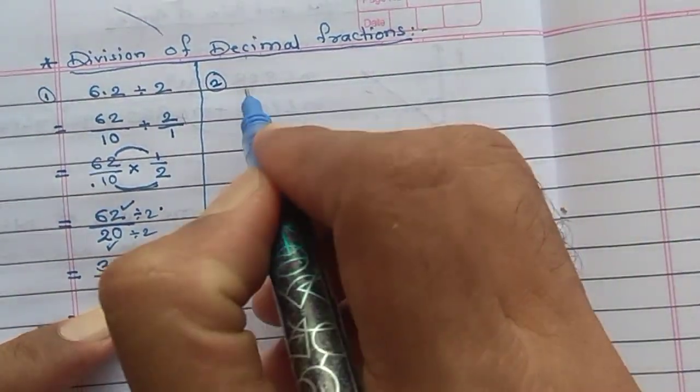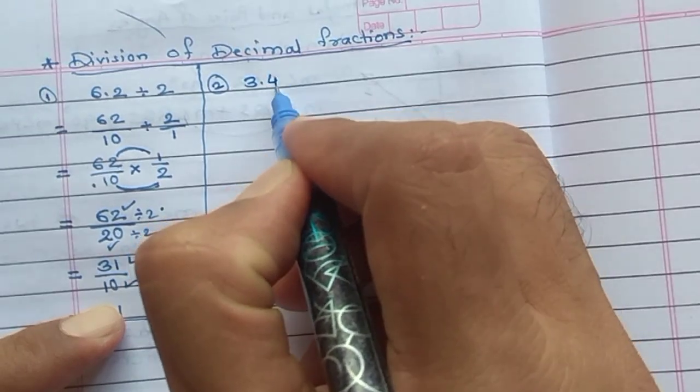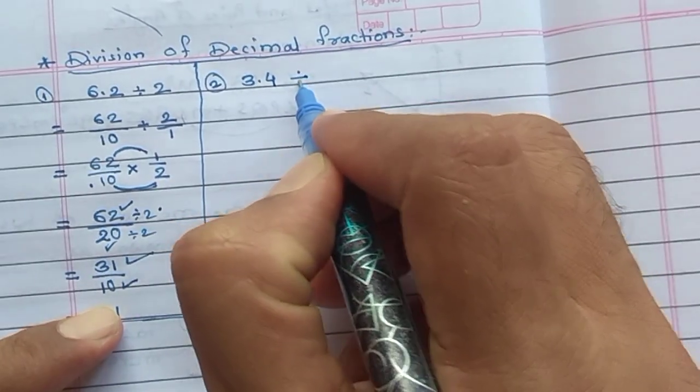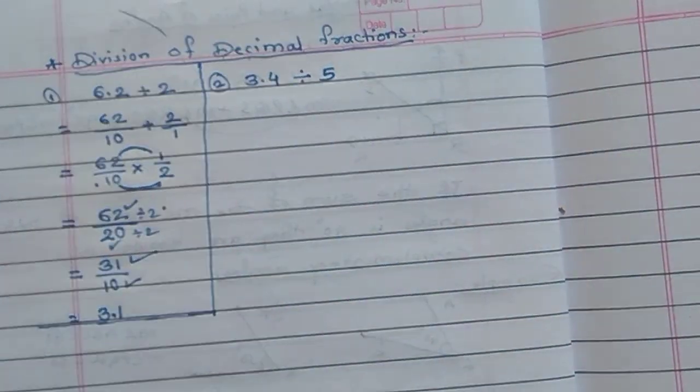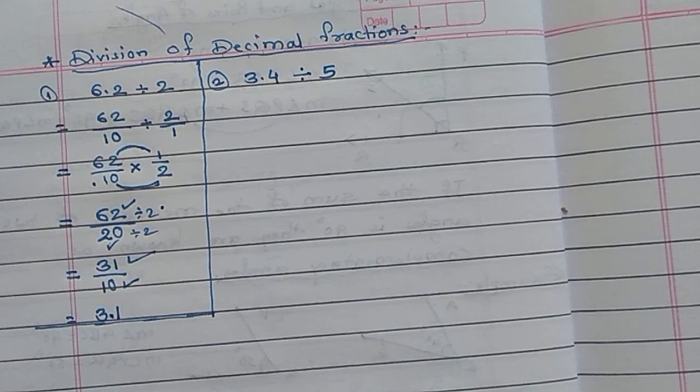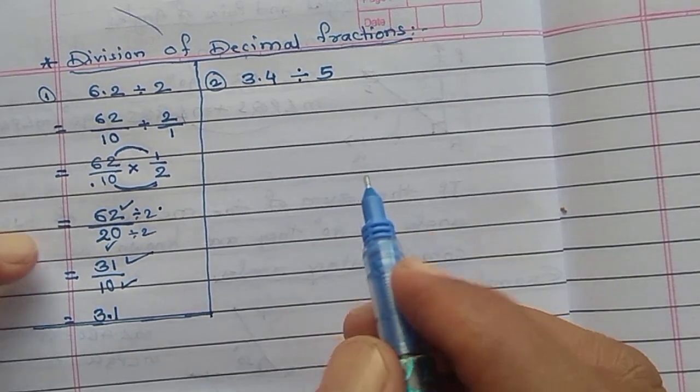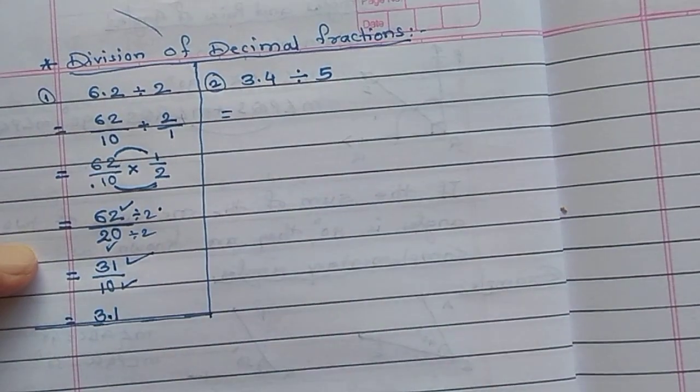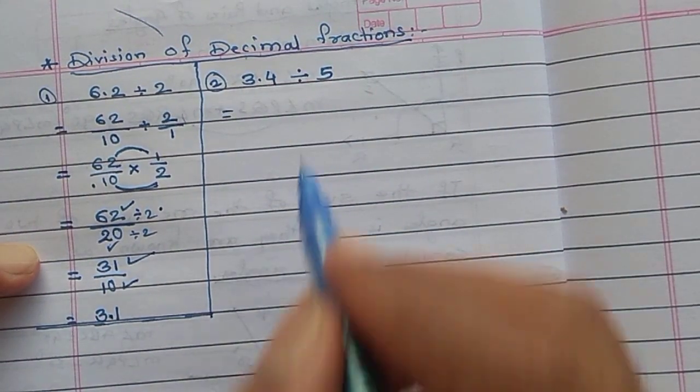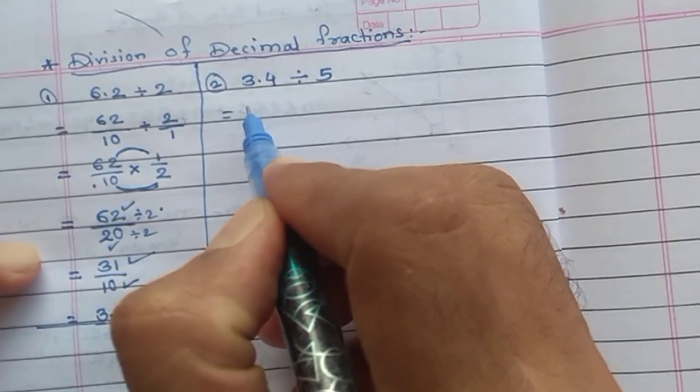One more example. Suppose 3.4 divided by 5. As we have discussed earlier, convert this 3.4 into numerator denominator form.